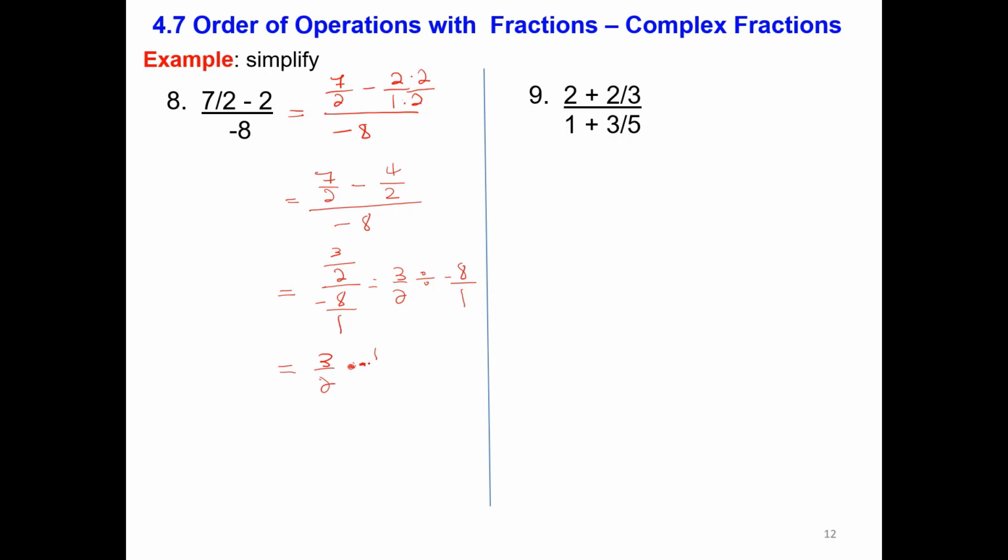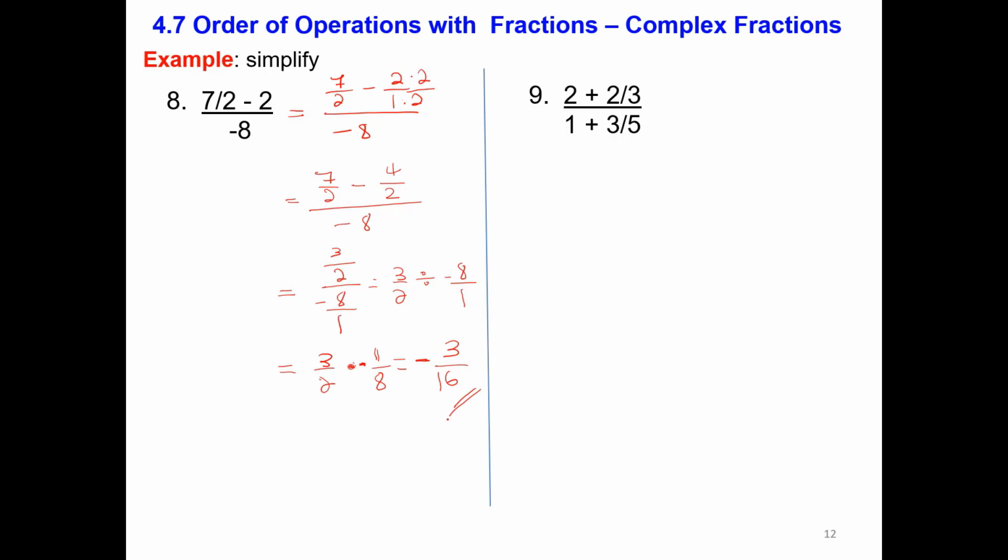This is negative 1 over 8. Then positive times negative is negative. 3 times 1 is 3. 2 times 8 is 16. This is a proper fraction, then this is the answer.